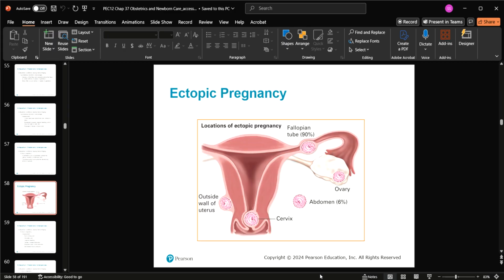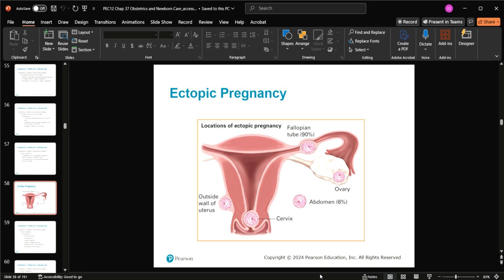Here are some places, and when it talks about the likelihood, it talks about the percentage of where it may implant. It can implant inside the cervix, outside of the uterus, in the upper abdomen, inside the ovary itself, or like we said, most commonly in the fallopian tubes.